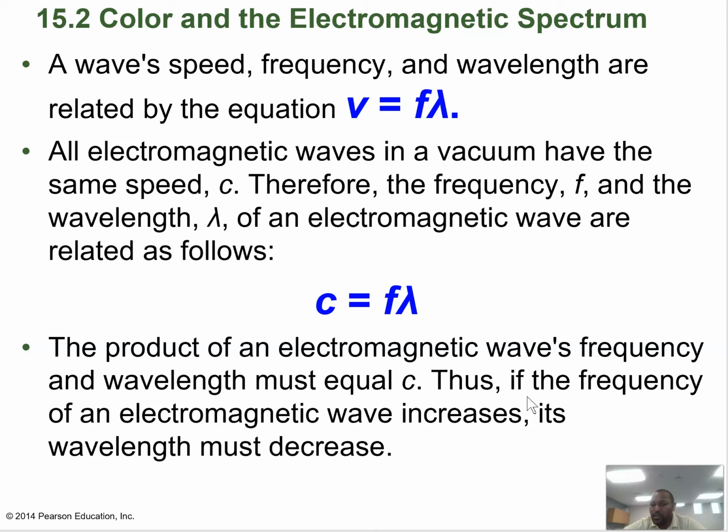All electromagnetic waves in a vacuum have the same speed, c, which is 3 times 10 to the power of 8 meters per second. Therefore, the frequency f and wavelength lambda of electromagnetic waves are related to the speed of light: c equals f times lambda. Regardless of the differences between them, all electromagnetic waves have the same speed as light, which is approximately 300 million meters per second.